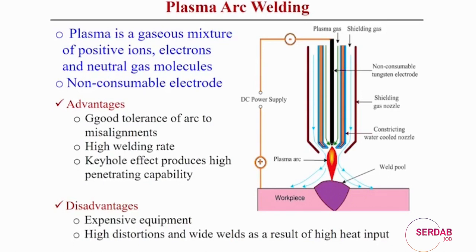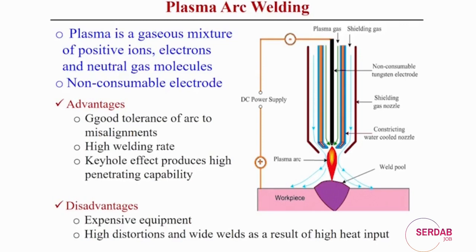So, what is the advantage of the plasma arc welding process with respect to the gas tungsten arc welding process? In general, the position of the electrode or torch of the plasma arc welding process can be designed in such a way that it can produce a very constricted arc as compared to the gas tungsten arc welding process, because in the gas tungsten arc welding process the arc is created between the workpiece and the tip of the electrode.